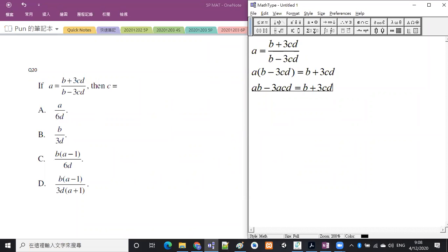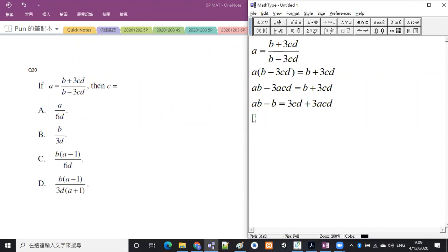And I want C to be the subject, so I need to move all the terms with C to one side, and then move all the terms with no C to the other side. So AB is on the left, and then minus B is on the left, okay? And it is 3CD plus 3ACD, okay?